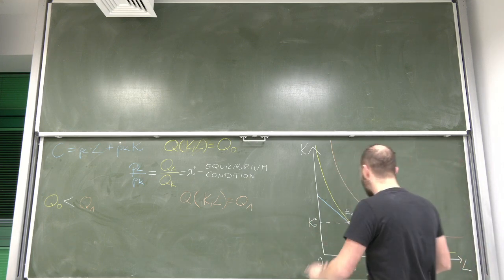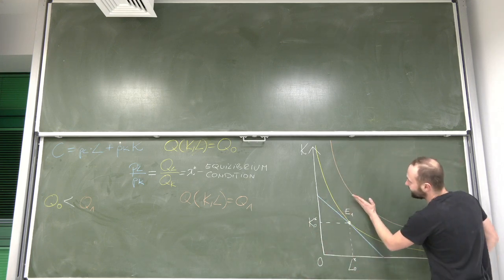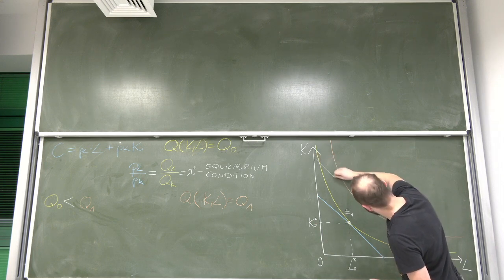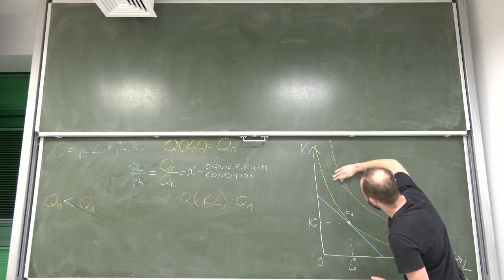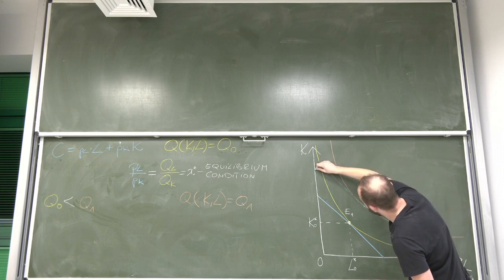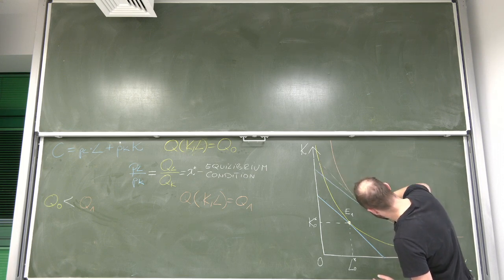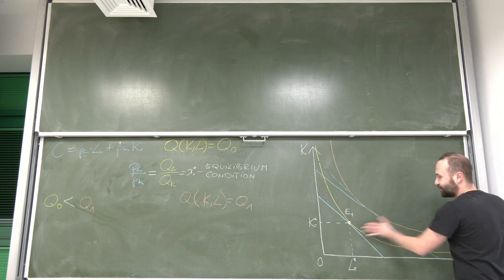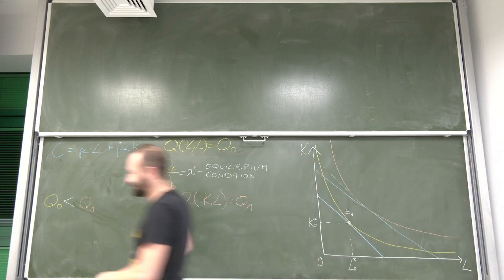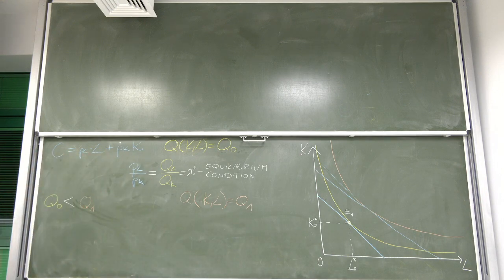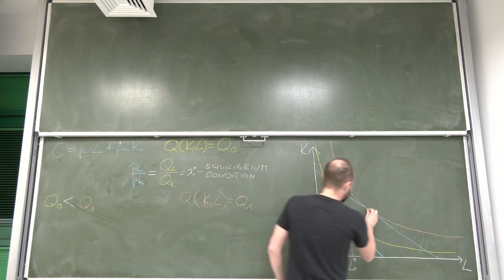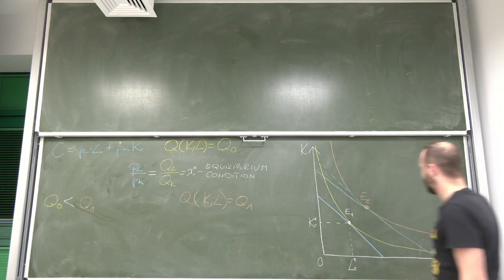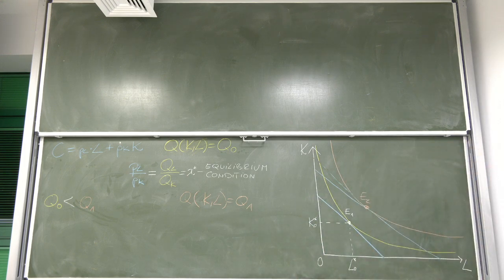C is going up, and as a result, this line moves parallelly, okay, let's assume that those two are perfectly parallel, upward, and we get a new equilibrium point.